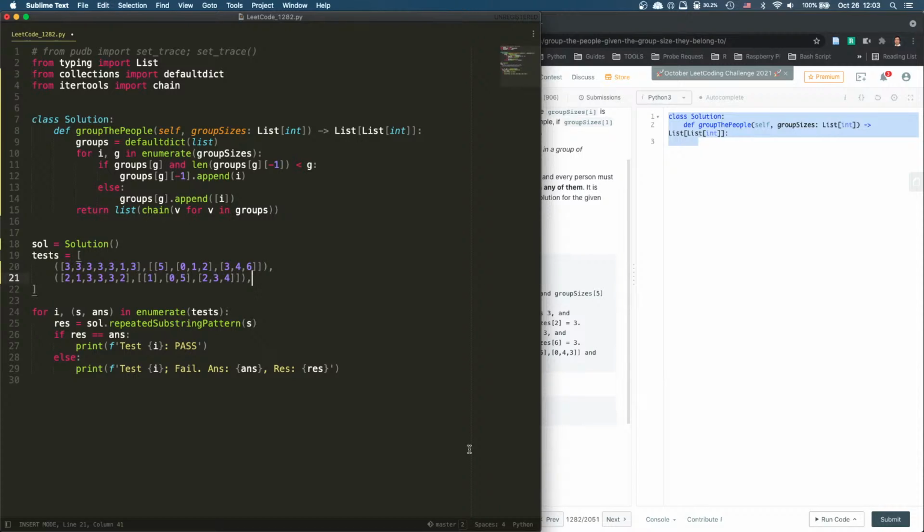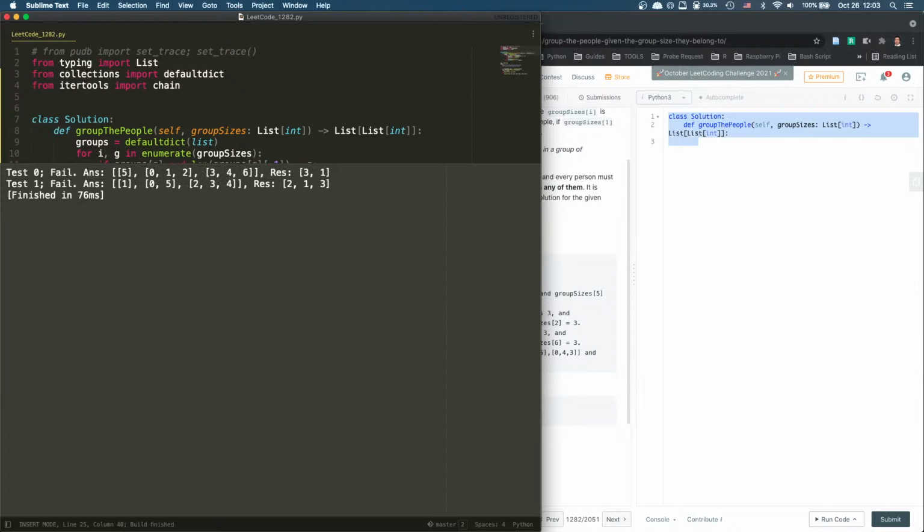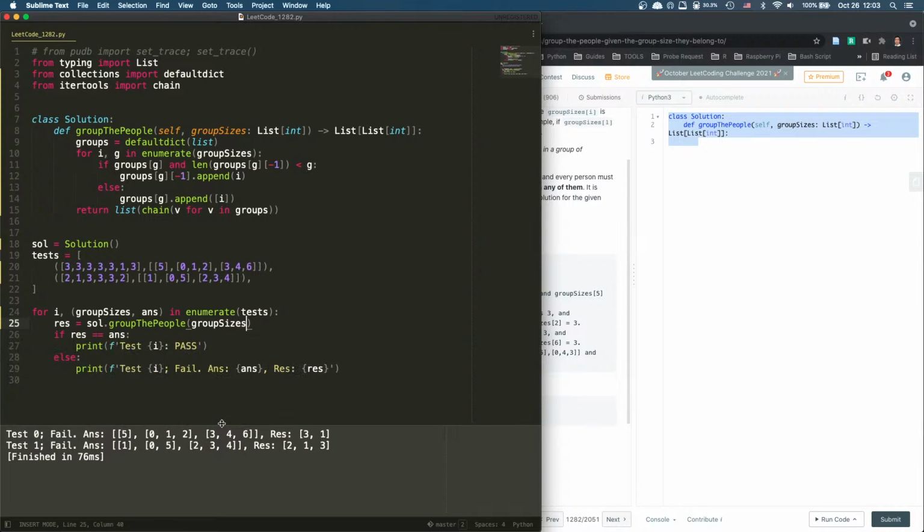Okay, so we have group sizes, the people, group sizes. I just run it. Nope. Oh, the values. I forgot the values. No, that's chain. Hold up.